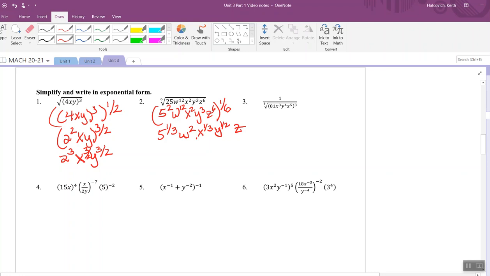Now the x to the 1/3 and the z would need to be an absolute value because it's even, odd. So we could say 5 to the 1/3, w squared, y to the 1/2, absolute value of x to the 1/3 times z.